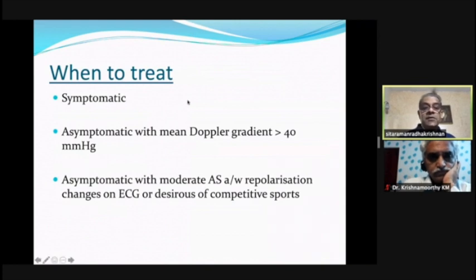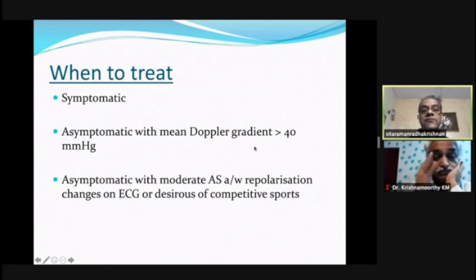Here, the mean Doppler gradient is taken to be the same as you are doing it in adult practice. A mean Doppler gradient of 40, even though they are asymptomatic, we wish to treat them, unlike in adult practice where the class 1 indication is symptomatic severe aortic stenosis, although I am aware that a lot of things are changing in that category also.